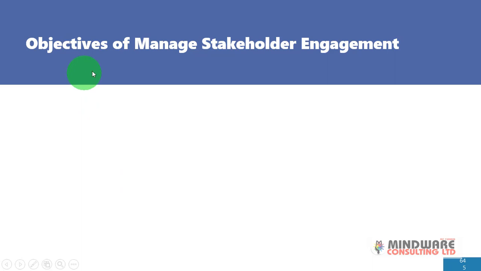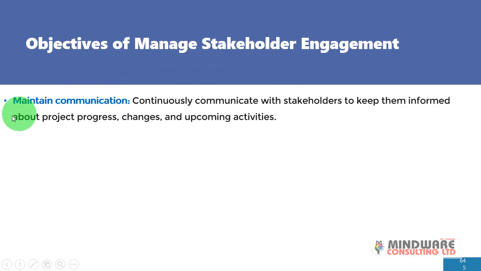Now, what are the objectives of the manage stakeholder engagement process? Firstly, the objective is to maintain communication. Remember that a major part of your stakeholder management is about communication. You want to maintain that communication from the start to the finish.